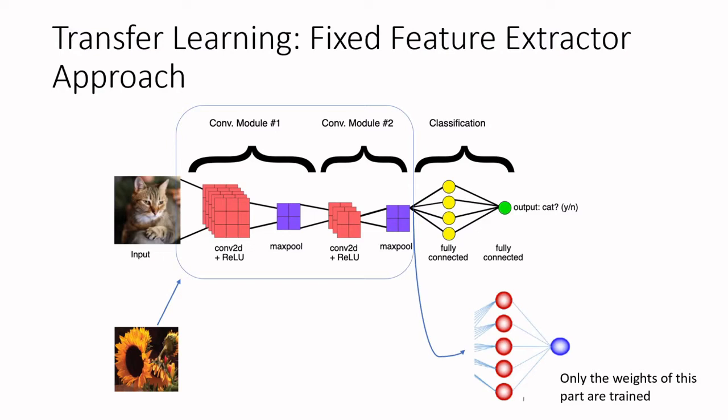In this approach, let's take an example that you need to create a classifier system for doing flower classification, but you don't have enough data, as well as you don't have enough resources to go and collect more data and annotate that data.